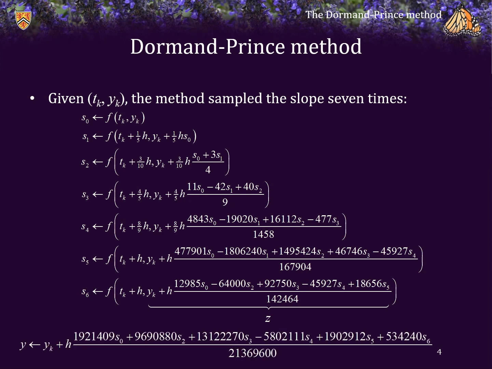This is the less accurate approximation, and so now we have two approximations, y and z. y is less accurate, z is more accurate, and these are independent of each other, and therefore the accuracy of one can be used to determine the accuracy of the less accurate version. So the absolute value of z minus y is a good estimator of the error of y.